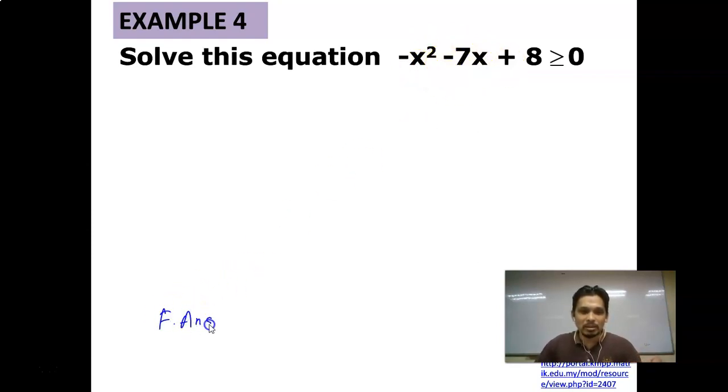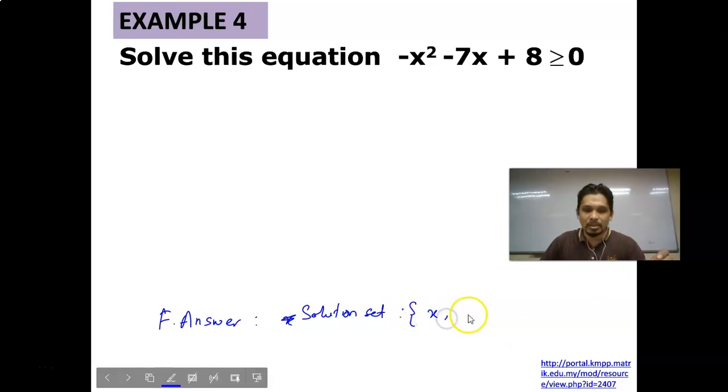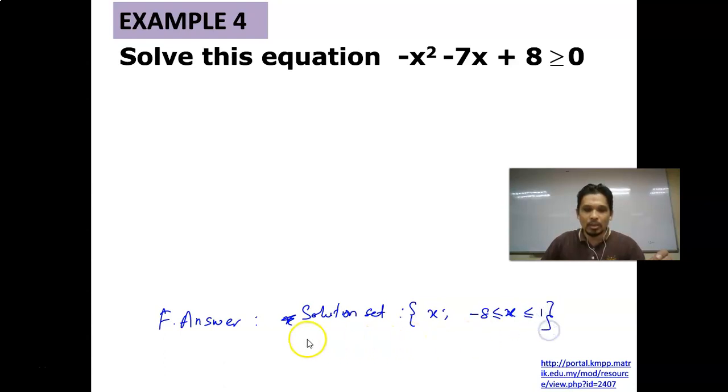The final answer for this task is x in the solution set, x, where x is greater than or equal to -8 and less than 1, or in interval form, from -8 up to 1. Okay, so please try yourself.